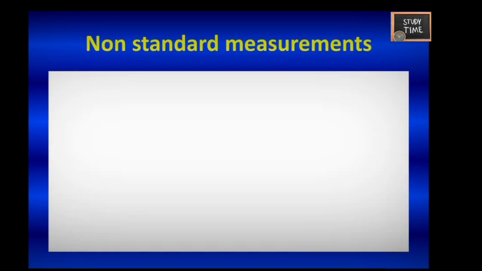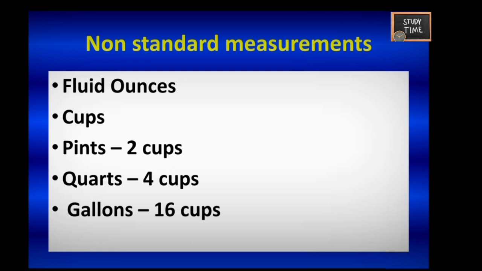There are non-standard measurements and standard units of measurement for volume or capacity. These are the non-standard units because they are not standard across, because one cup can either be holding 30 ml of water or it can be holding 400 ml of water.